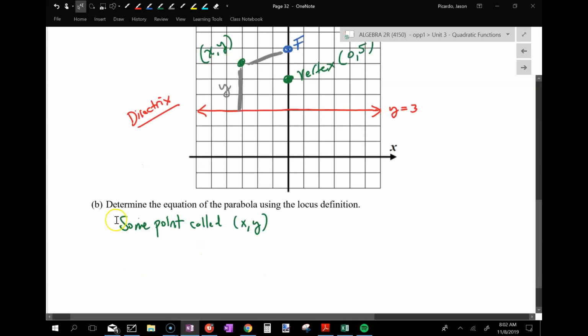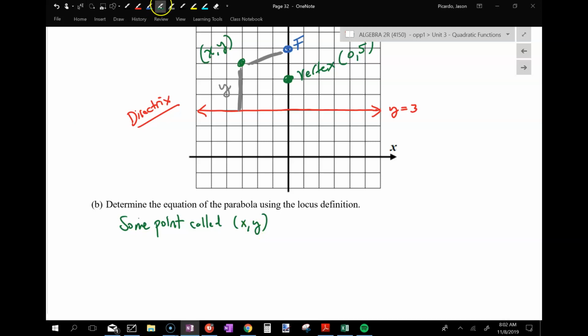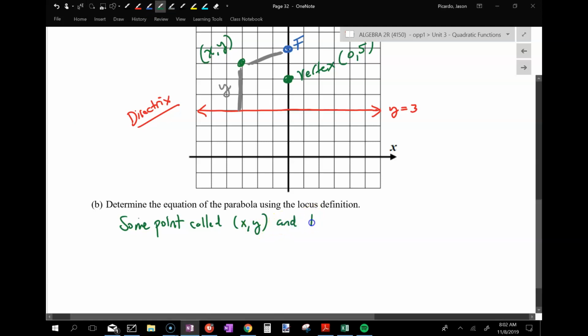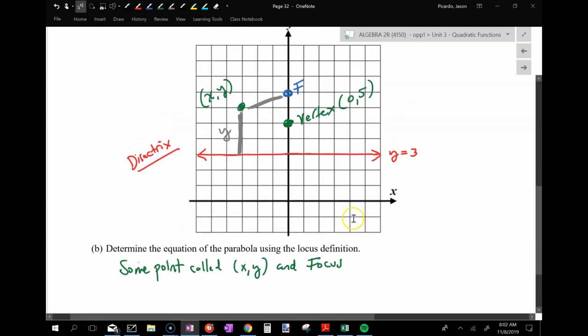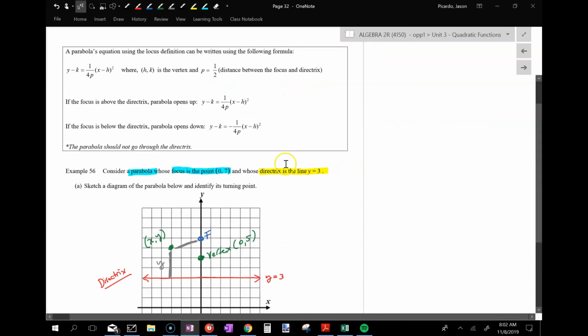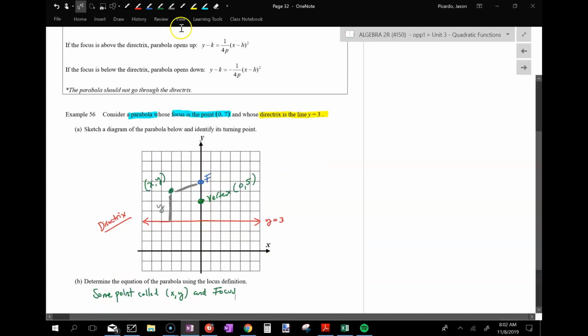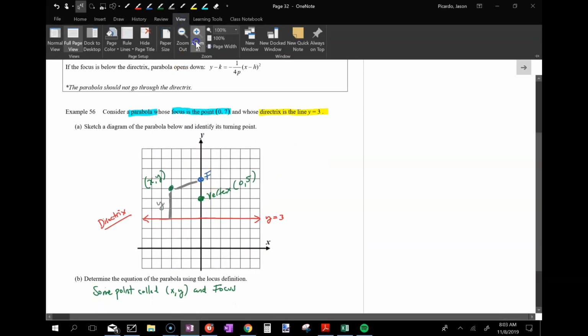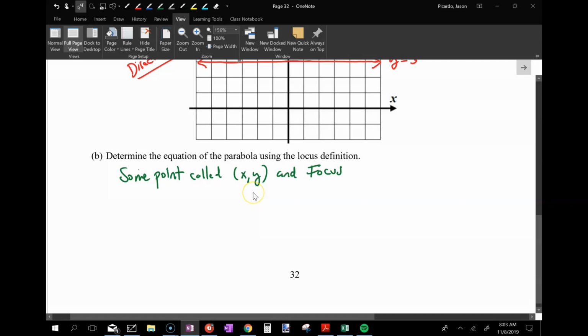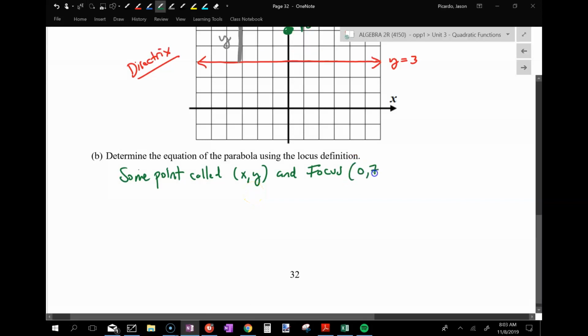So we have to be equidistant from some point called xy and the focus, which is where? At 0, 7. Okay? So what does our locus definition say?